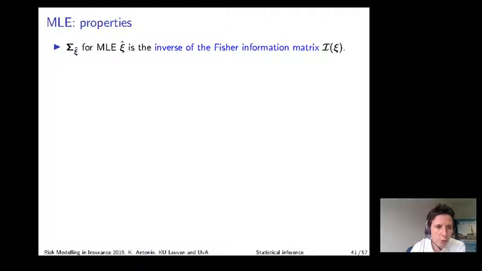Now, in order to work with, for example, the asymptotic normal distribution of the MLE of a parameter vector xi, or in order to set up a hypothesis test, you will need this asymptotic variance-covariance matrix, and you will estimate it as the inverse of the Fisher information matrix, denoted here with calligraphic I.